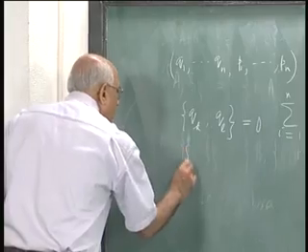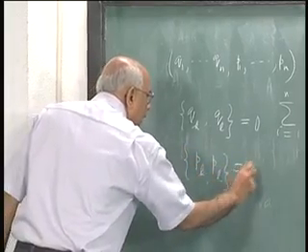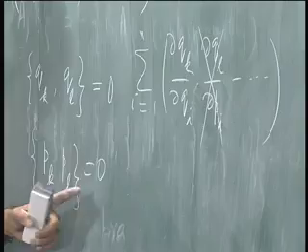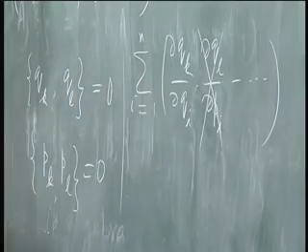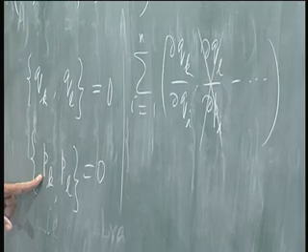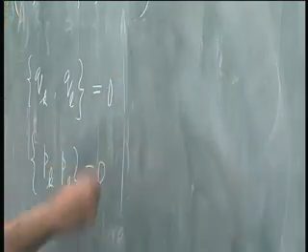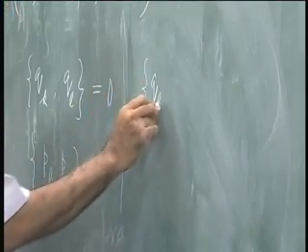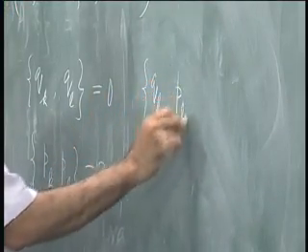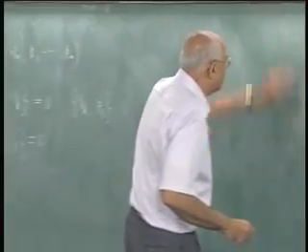In exactly the same way the Poisson bracket of pk with pl is identically 0, and the reason is at some stage when you do this partial derivative you are going to take this function and differentiate with respect to q, and that is identically 0. But it is another matter if you ask what is the bracket of qk with pl, and this is not going to be 0. What is this going to be?